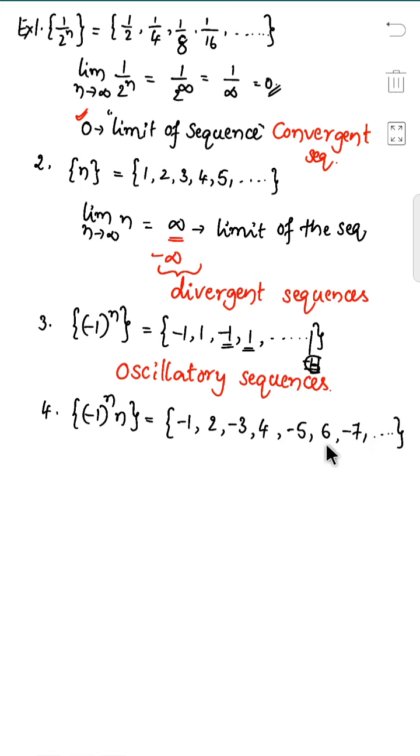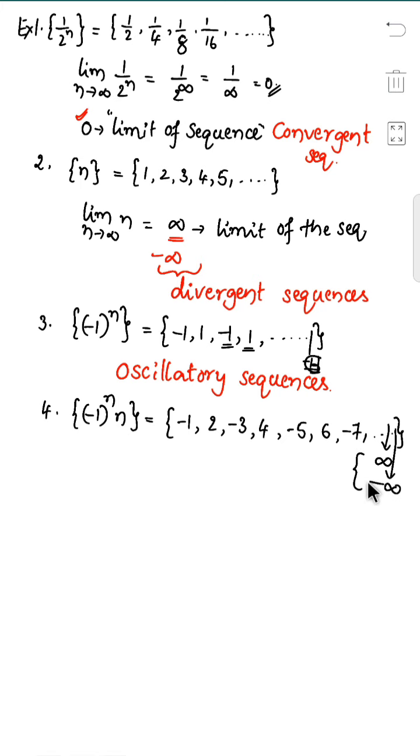See, when the nth term of the sequence is even, the sequence approaches infinity. If the nth term is odd, you approach minus infinity, right?